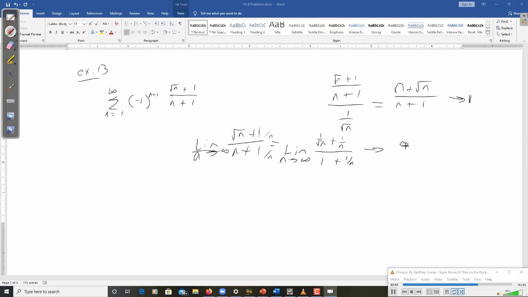This will go to 0 over 1, or 0, which is what we want, because remember, to apply the alternating series test, we need the u sub n's to be positive. We need them to be non-increasing eventually. And that's fine. After 1, they're non-increasing. U sub n is greater than or equal to u sub n plus 1.